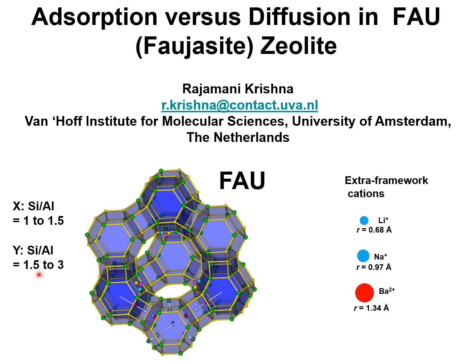1.5 to 3. A variety of extra framework cations are used, for example, lithium, sodium cations, or barium. Barium X zeolites are used for xylene separations.